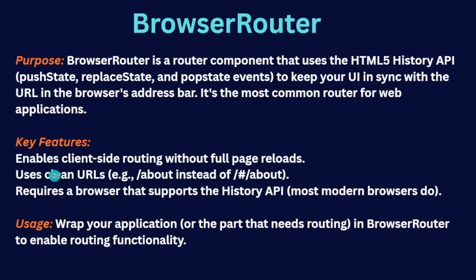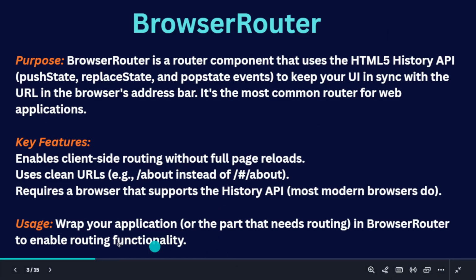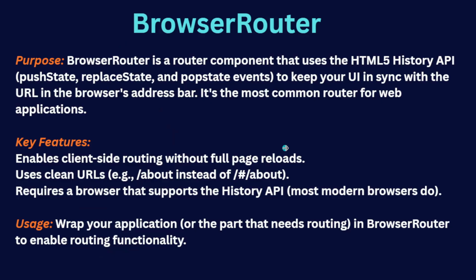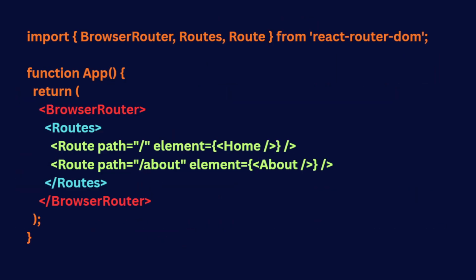And if you look at the main features, it enables client side routing without full page reloads, right? And then usage: wrap your application in browser router to enable routing functionality. If you don't use this browser router, you cannot do routing of your resources. So this is an example.